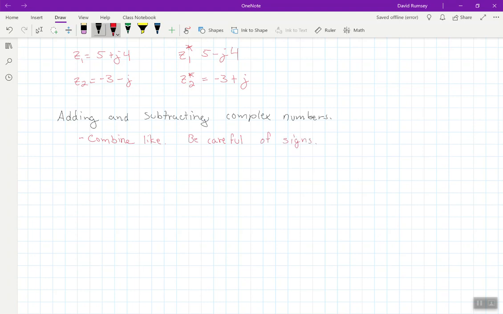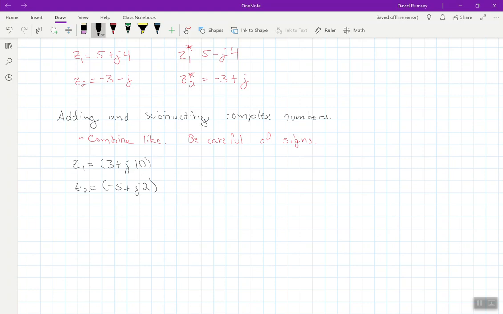What do I mean by be careful of signs here? Well, let's look at a couple examples. Z1 is equal to 3 plus J10. Z2 is equal to negative 5 plus J2.